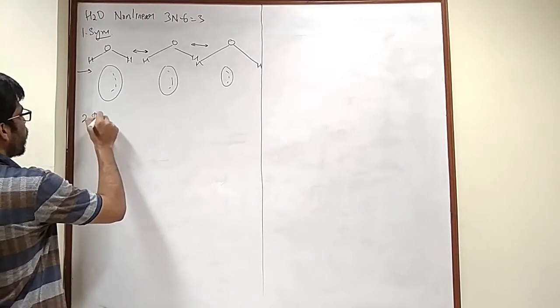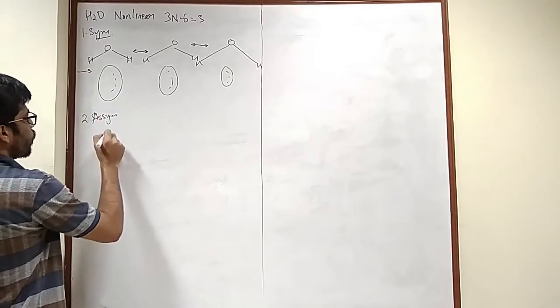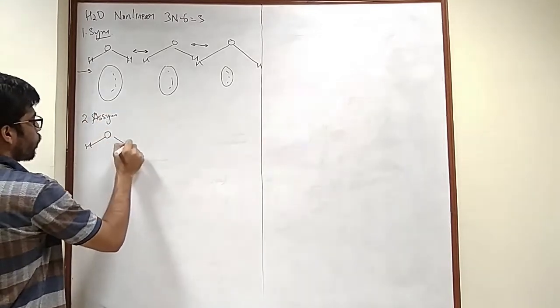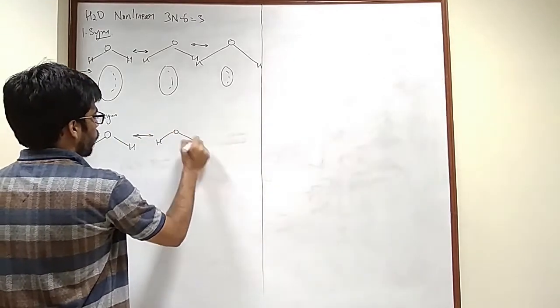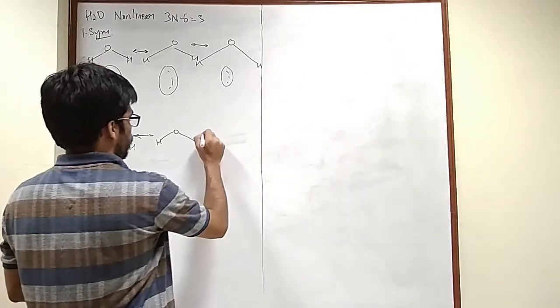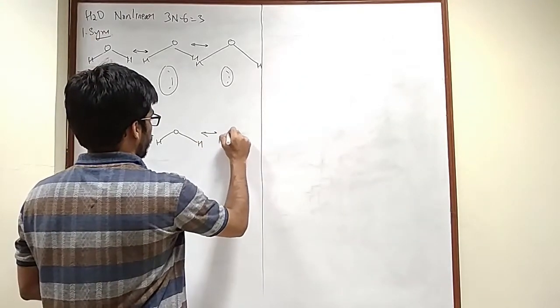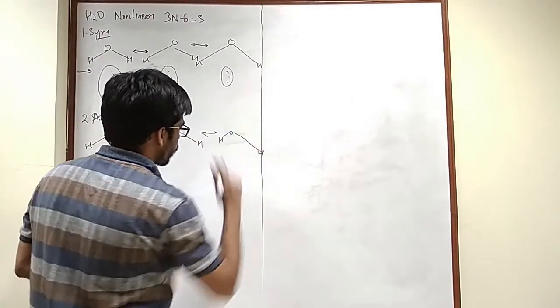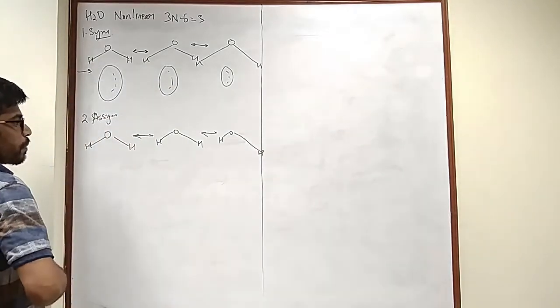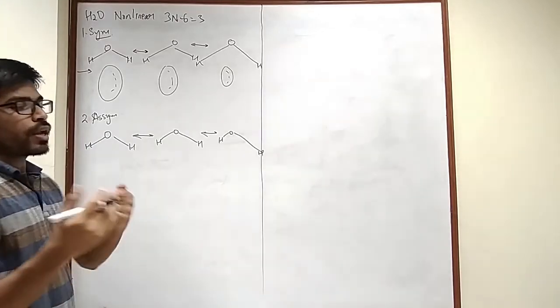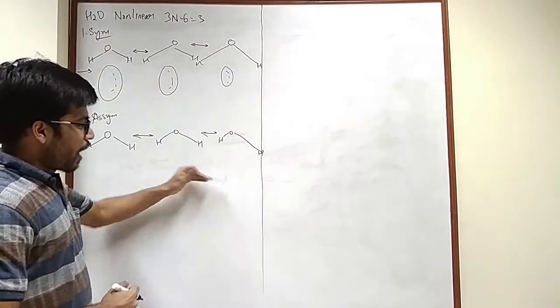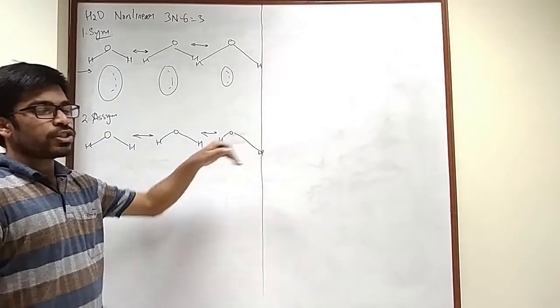For asymmetric stretch, now in this case, what is happening? One bond is getting stretched, another bond is getting shrunk. As a result, the polarizability is going to change.